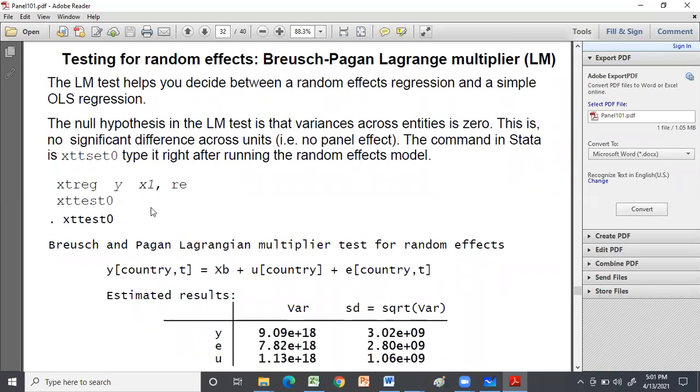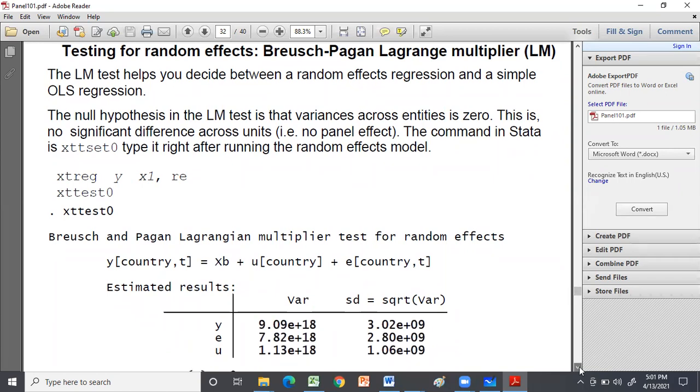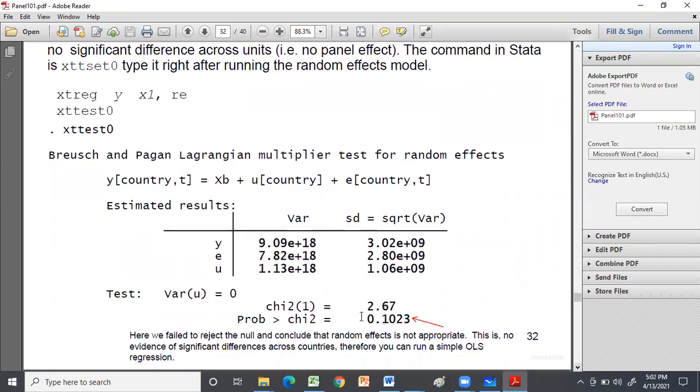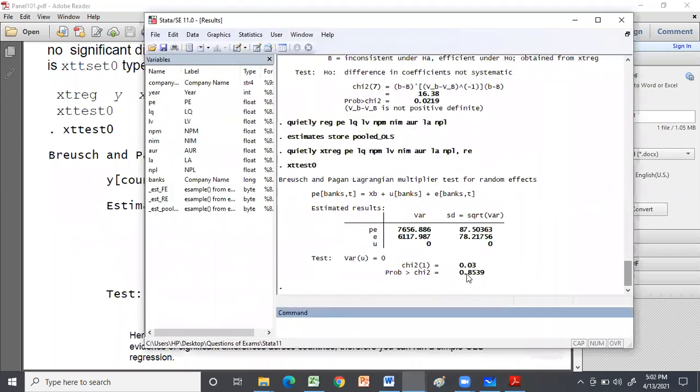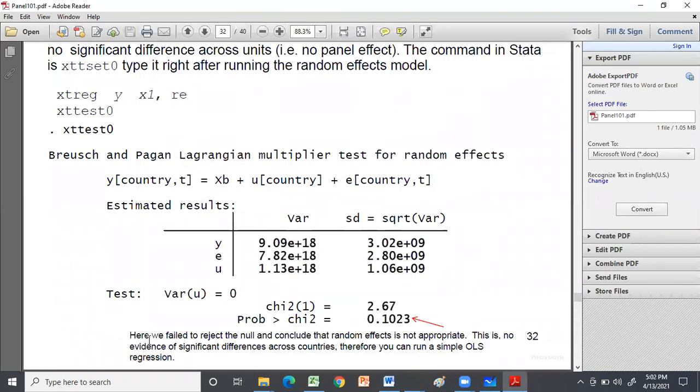So in that case, when we do this xttest0 by leaving the command, it produces this result, where they have the same p-value, which is more than 5%. We also have the same p-value, more than 5%, right? Yes, sir. So what conclusion have they drawn here? They have failed to reject the null hypothesis, and concluded that random effect is not appropriate.